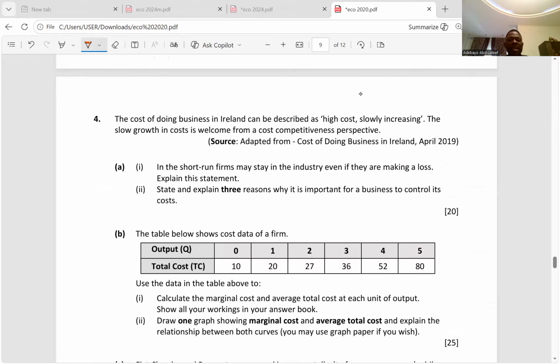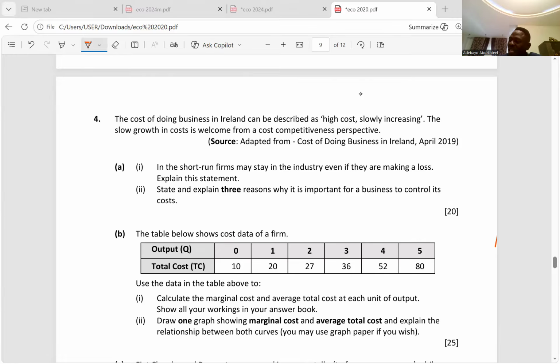Now for question 4, they said, the cost of doing business in Ireland can be described as high cost, slowly increasing. The slow growth in cost is welcome from a cost competitive perspective. In the short run, firms may stay in the industry even if they are making a loss. Explain this statement. In the short run, firms would stay in a market if they are making a loss, in as much as they are able to cover their variable costs.